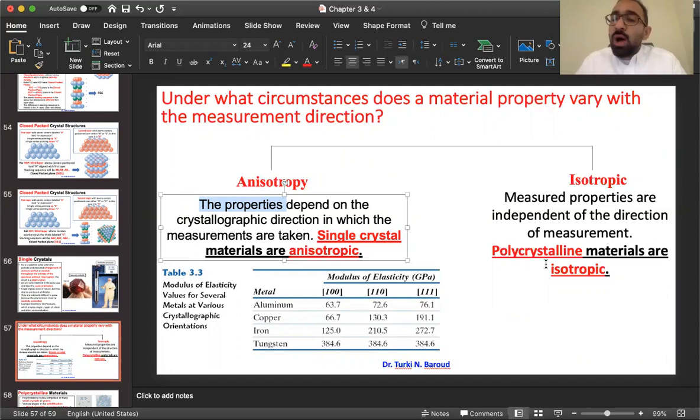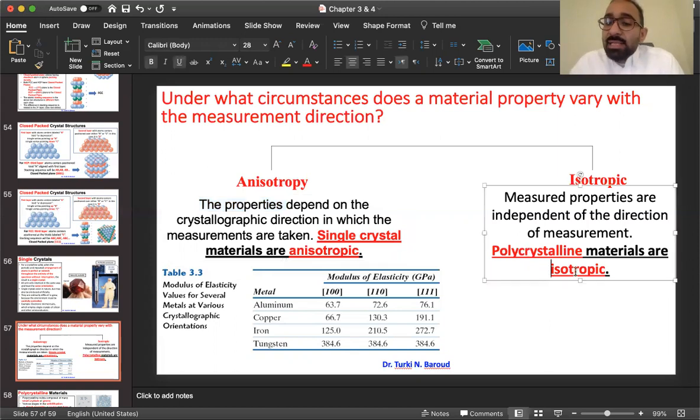But I want to tell you why it is important to distinguish between single crystalline and polycrystalline material. In polycrystalline material, the properties are independent of the direction of measurement, and this is why polycrystalline material is called isotropic.